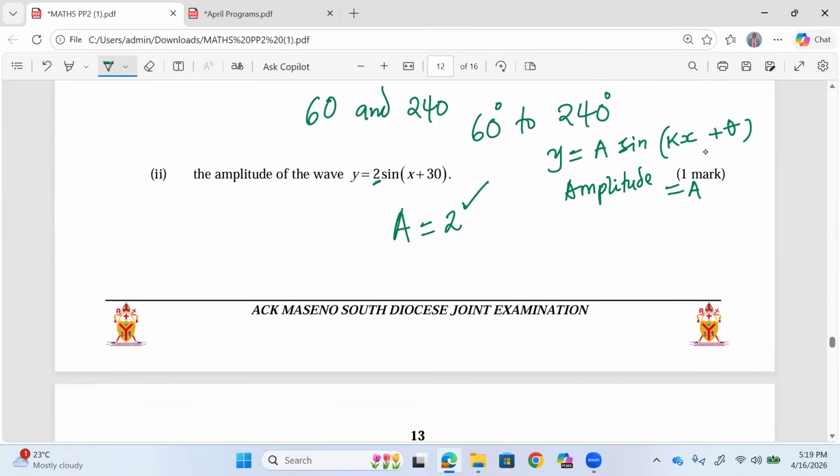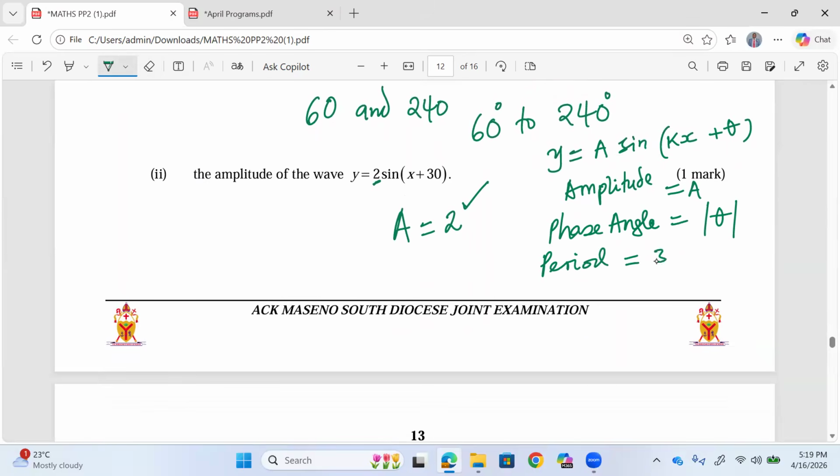With such a curve, there is something we call the phase angle. The phase angle is given as the absolute value of theta. So for this curve, the phase angle is 30. Then there is what we call the period.